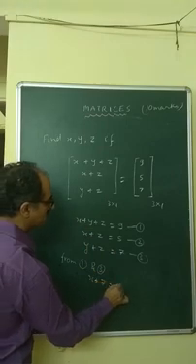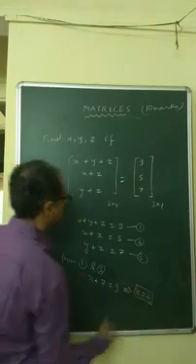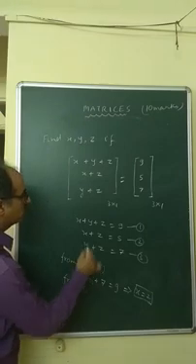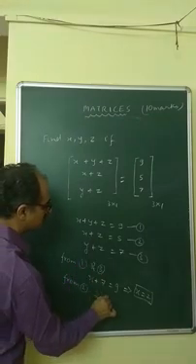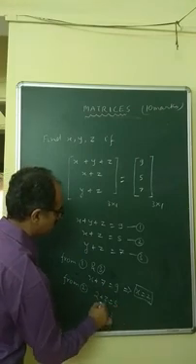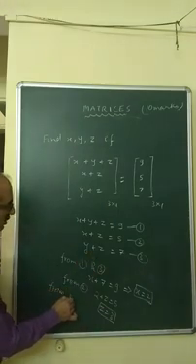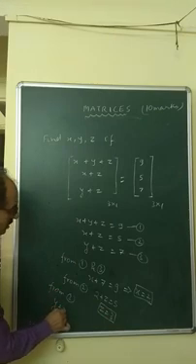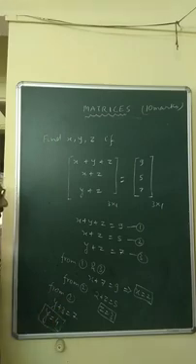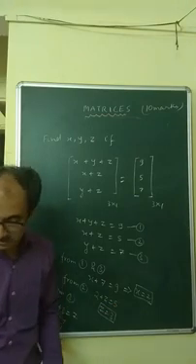X plus 7 equals 9, so X equals 9 minus 7, 2. So from 2, X equals 2. So 2 plus Z equals 5, so Z equals 3. If Z equals 3, from 3, you can find Y plus 3 equals 7, so Y equals 4. So in this way you can calculate values of X, Y and Z. Very easy to calculate.